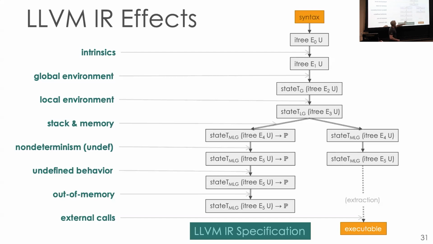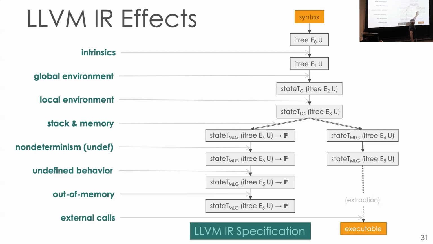We think of this left path as the actual specification. It uses logical predicates to say what is the non-deterministic set of allowed behaviors. For instance, when you allocate in the memory model, it will non-deterministically pick, using an existential quantifier in Coq, what address gets returned, subject to some constraints.